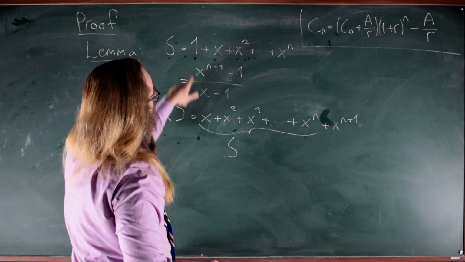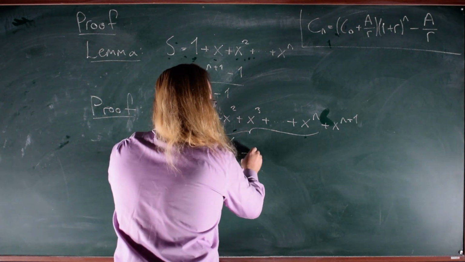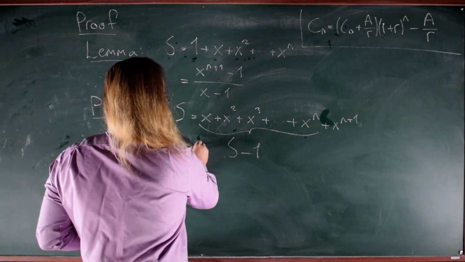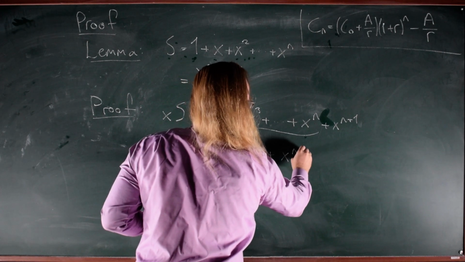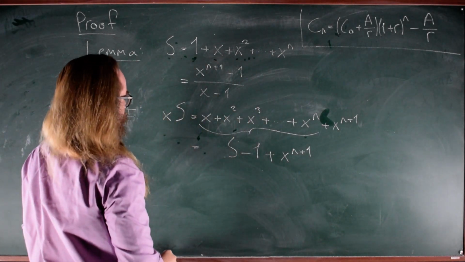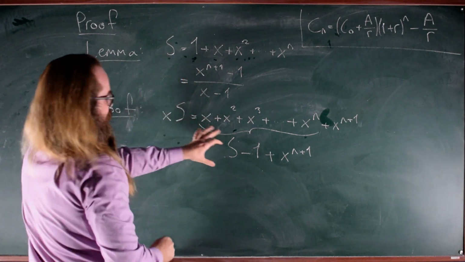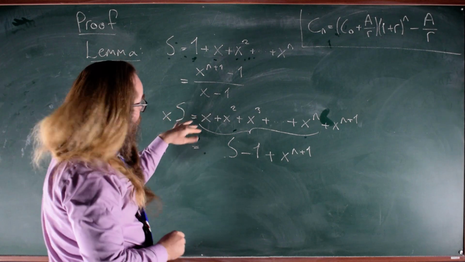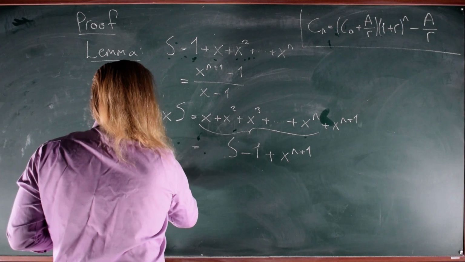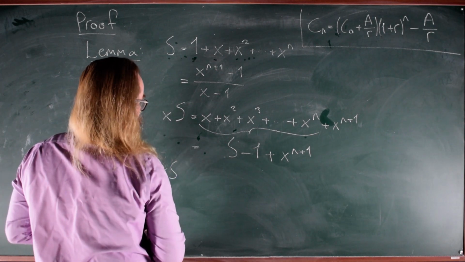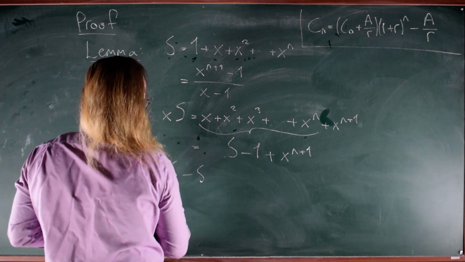But what are we missing? Well, we're missing this little 1 over here. So this is actually just s minus 1, plus this extra little term over here. So by isolating s in this new expression, I can figure out the formula for s. I have x times s, and then I subtract s from the right-hand side and left-hand side.